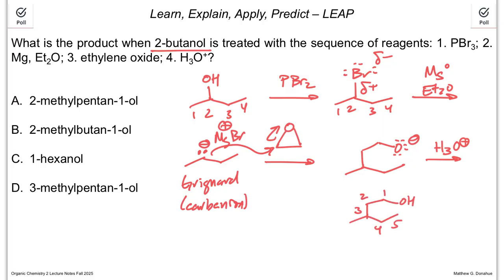So overall, the name of that product, we have a primary alcohol. It's 5 carbons long, so we can eliminate B and C. The alcohol is at position 1, so we really can't decide based on A or D. And then the location of that methyl group is on carbon 3, so choice D is going to be the correct answer.